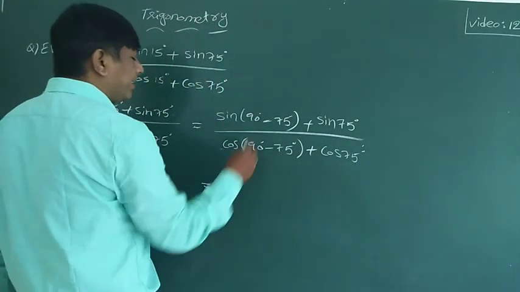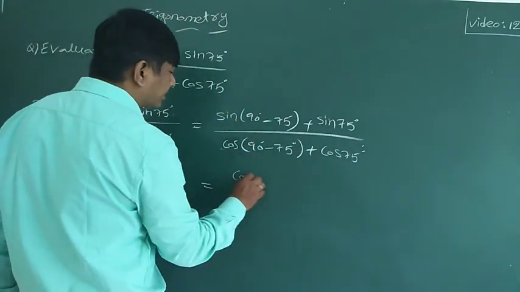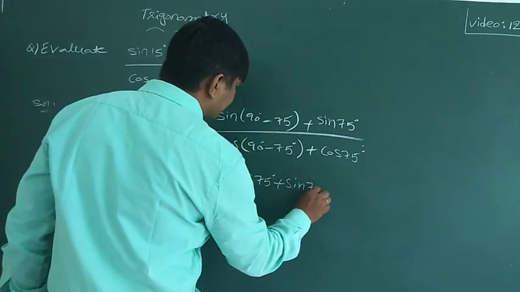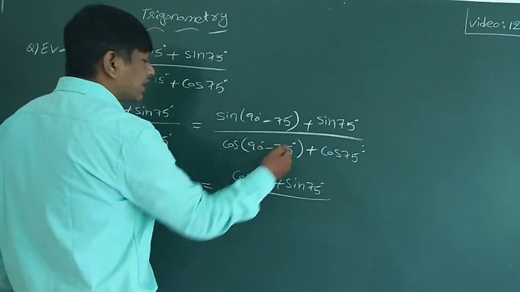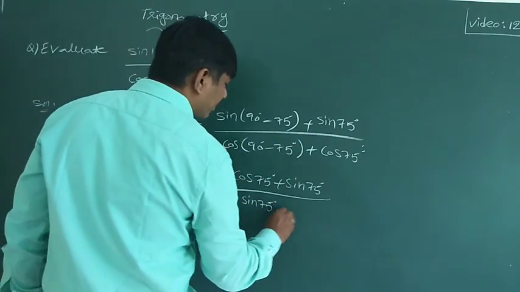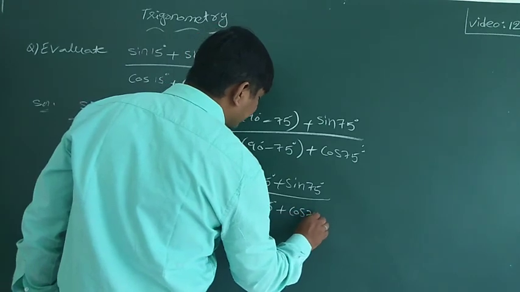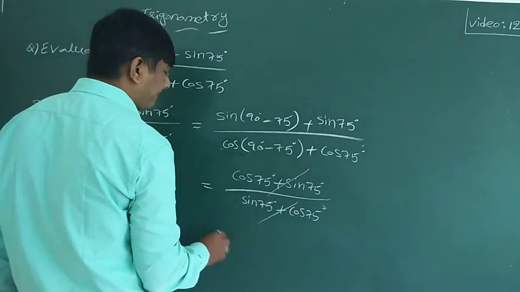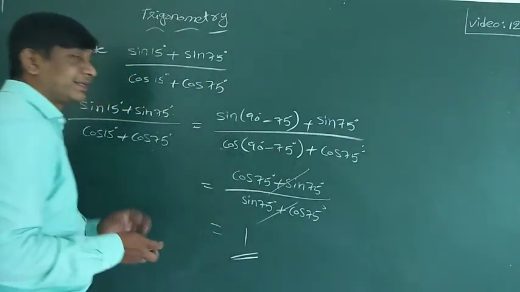Now sin (90 minus theta) is cos theta, so cos 75 degrees plus sin 75 degrees. Cos (90 minus theta) is sin, so sin 75 degrees plus cos 75 degrees. This total will cancel, sir. X plus Y, Y plus X cancel. 1 will be the answer.